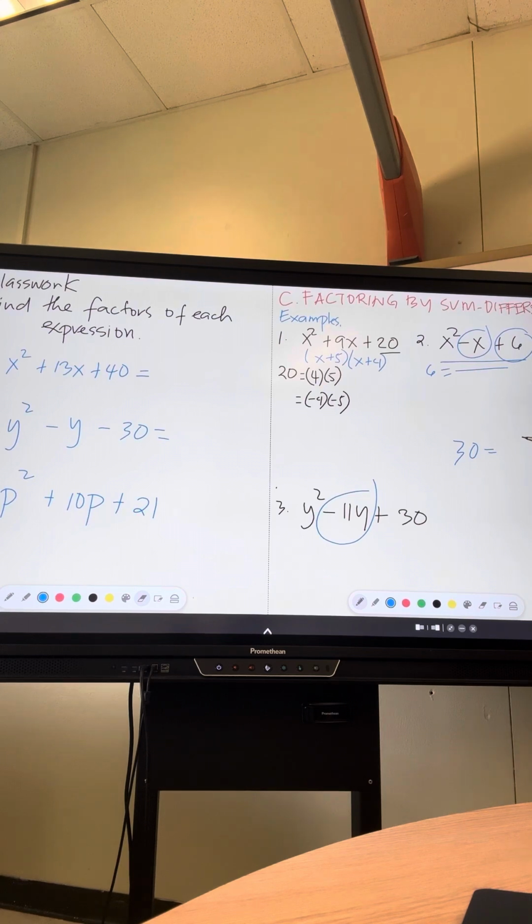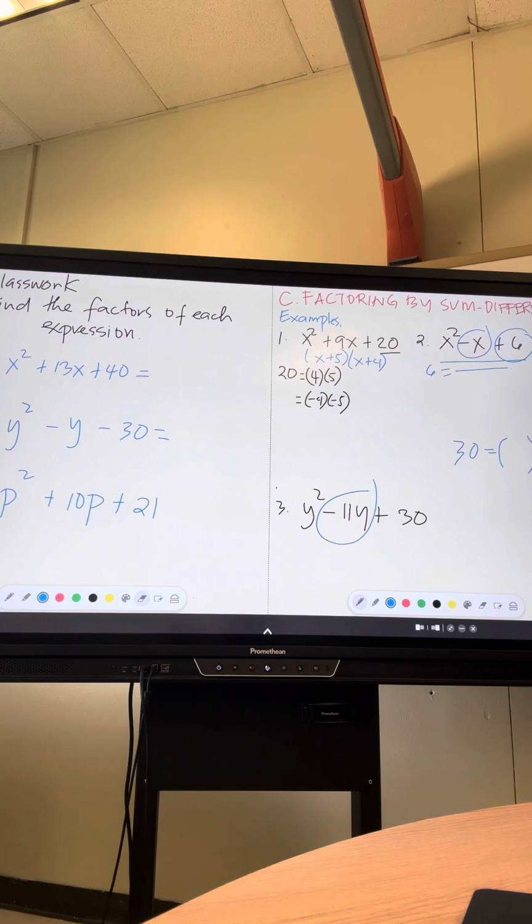Eva, what are the two numbers that you are going to multiply that give you positive 30? And you remember that the middle term is a negative 11y. So your knowledge and rules in integers, multiplication and division is applied here.